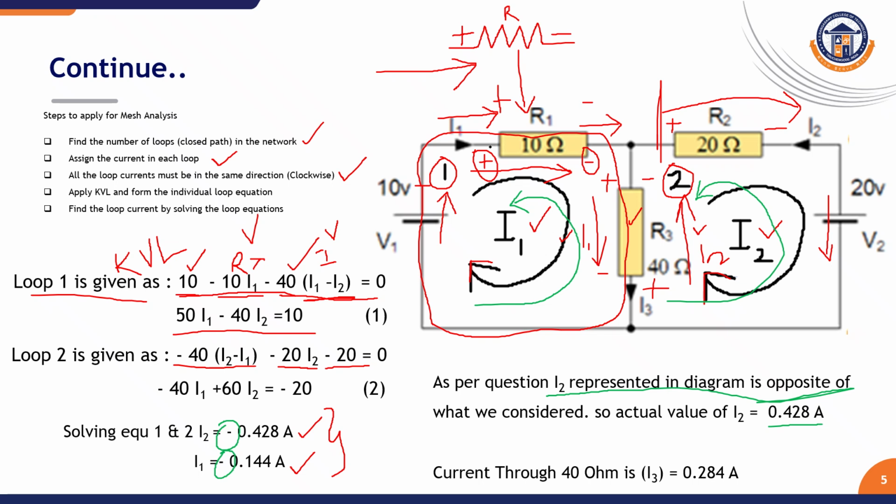If you subtract these two, you get the current through the 40 ohm resistor as 0.284 ampere. The question asks for the voltage drop across the 40 ohm resistor: V equals 40 into I3. If you multiply these two, you get the potential drop across the 40 ohm resistor.